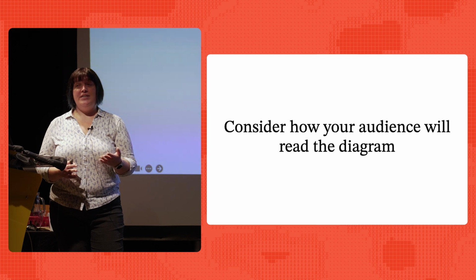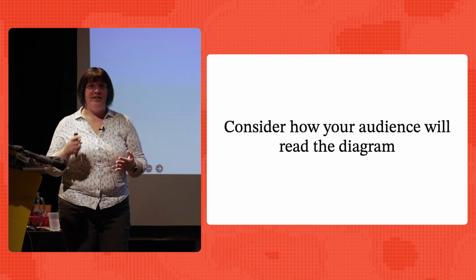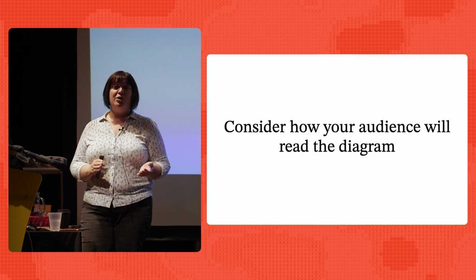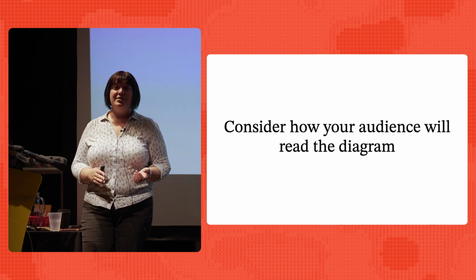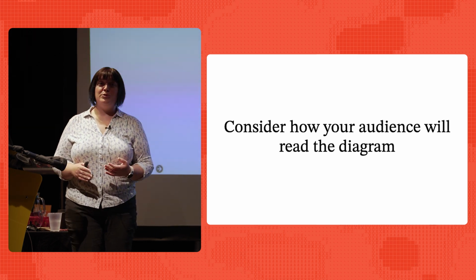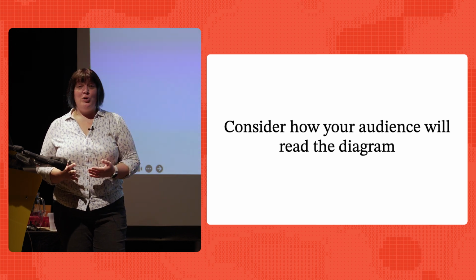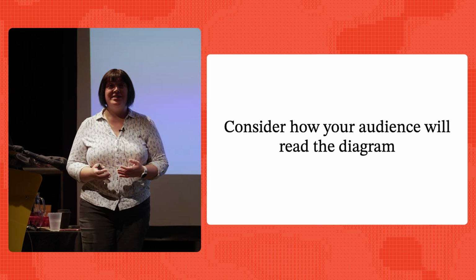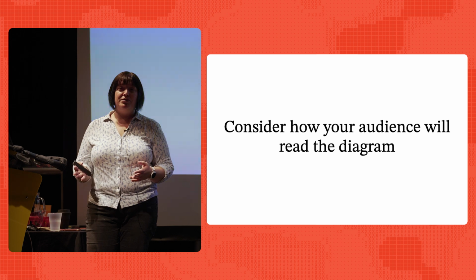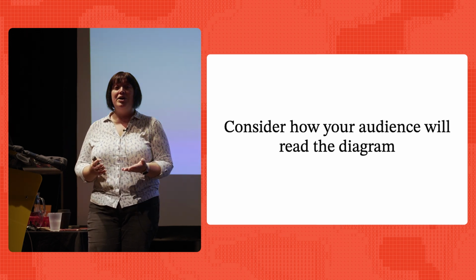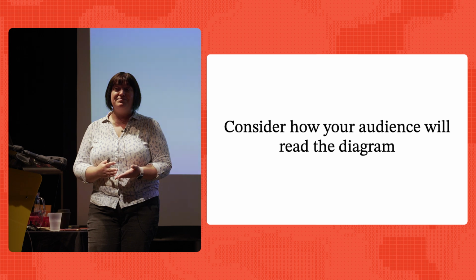Now, when you're creating the diagram, you know where it starts from. Try showing it to someone else. So where does this diagram start? If it takes them more than about 5 seconds to work that out, you probably need to rejig it a bit. If you have a diagram that someone else created, or you don't have the original and you're thinking, I don't have time to recreate this diagram, you can use some other things in there.